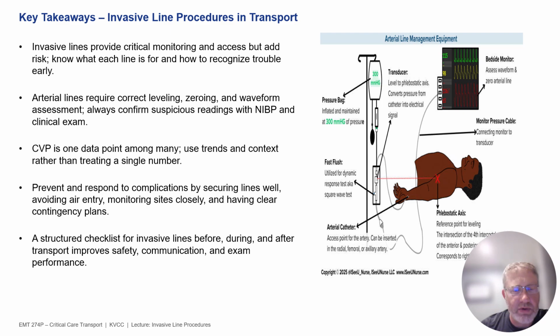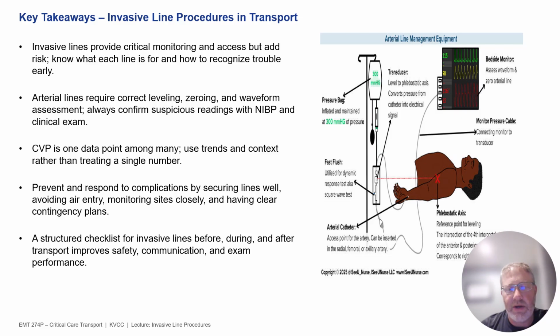Your central line, your CVP, always tells you something, but it never tells you everything. Always use it as a trend in context, never as an isolated thing. The best time to prevent complications is before leaving the sending facility.